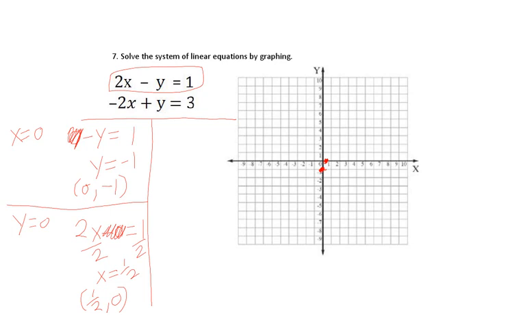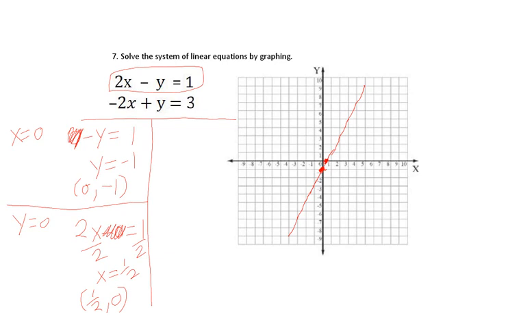And now we can plot the points, connect the dots. So be careful. Gotta be very careful here. It's easier if you have a ruler, by the way, but I don't have one.